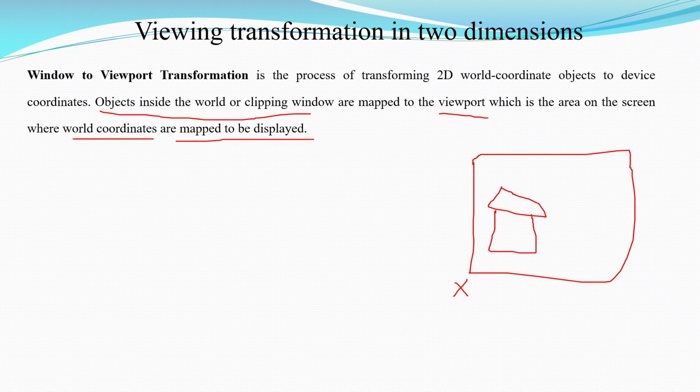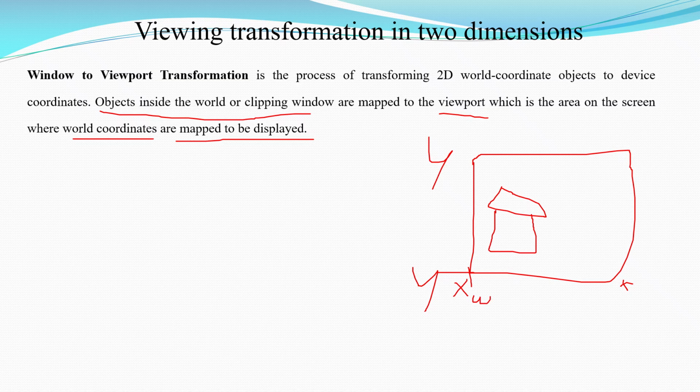This x, y is the minimum value: x minimum, y minimum. This is x max, and this is your y max. The x max, y max and x min, y min give a window port. Here, w indicates your window port.